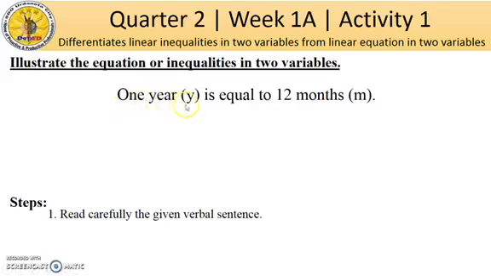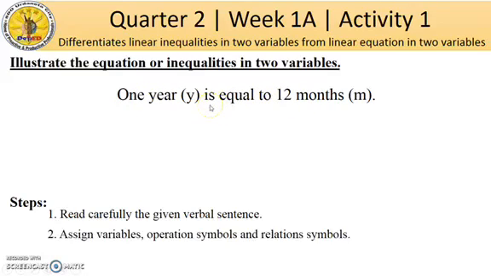So 1 year is equal to 12 months. Now, assign variables, operation symbols, and relation symbols. For 1 year, it was given that the variable is y. So we will replace 1 year by y.